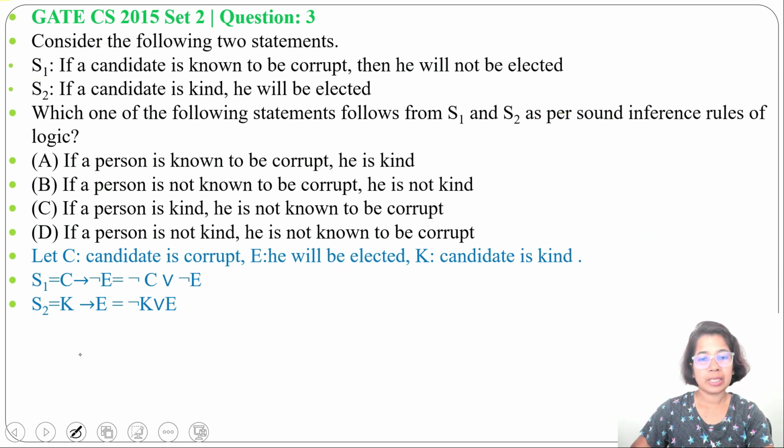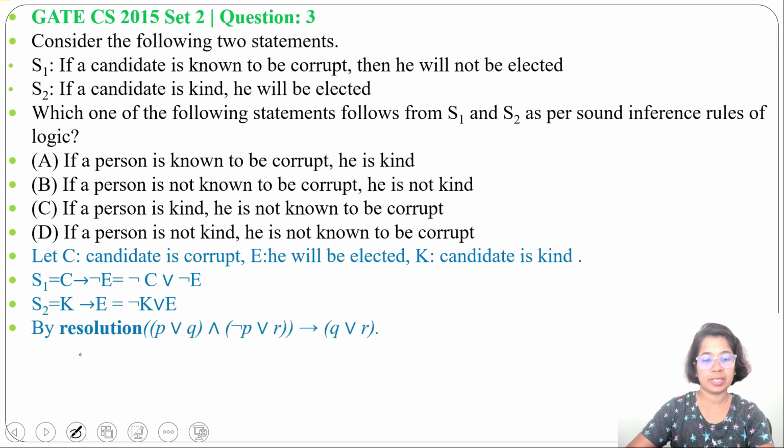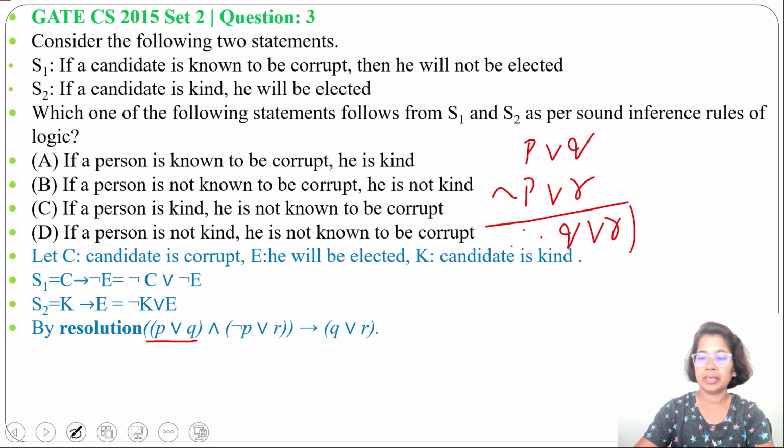Now we can use the resolution rule of inference. According to this, if P or Q is true and negation P or R is true, then Q or R will be true. It's according to resolution.